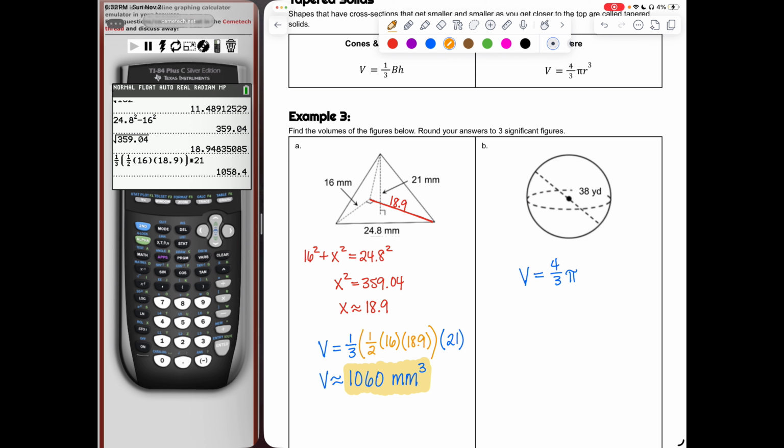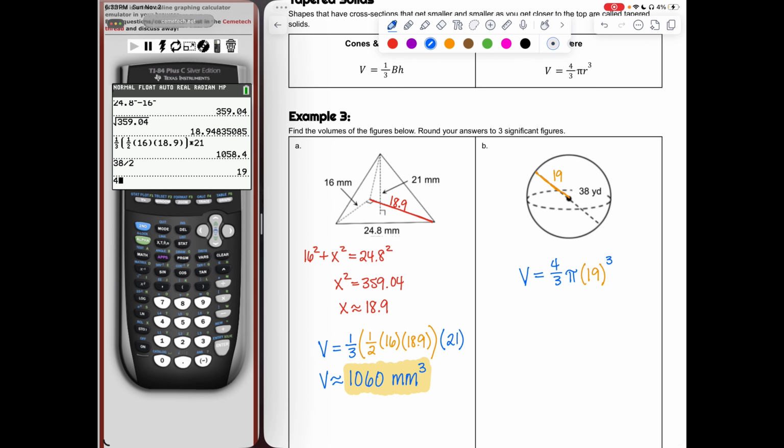Because we know our r is our radius, and our radius is half of our diameter, and our diameter in this picture is 38, we have to do half of 38, which is 19. So our radius here is 19, and it's going to be times 19 to the third power.